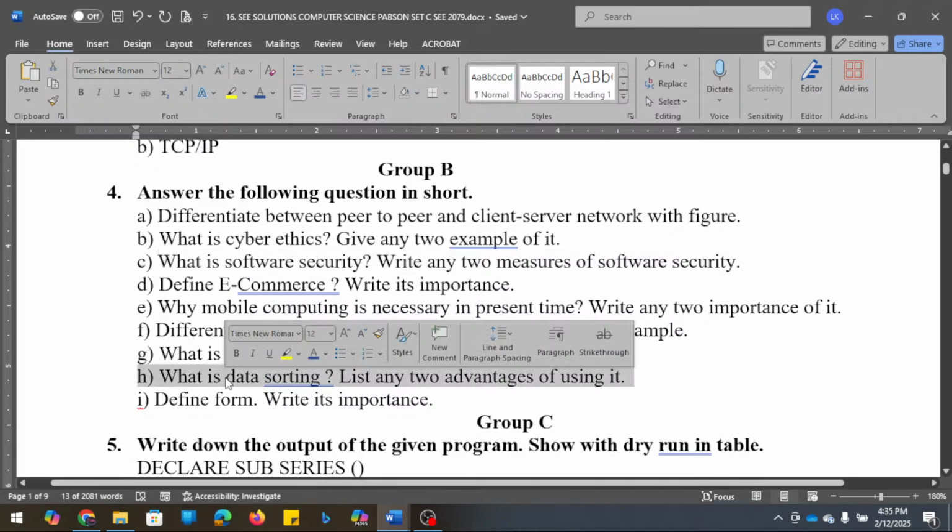Data sorting means arranging the data records in a particular order, and we can do it easily.